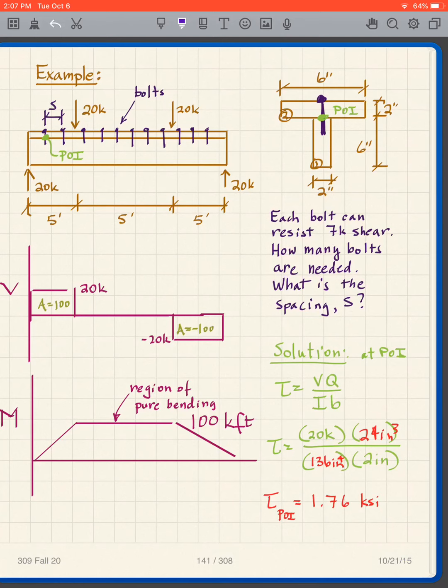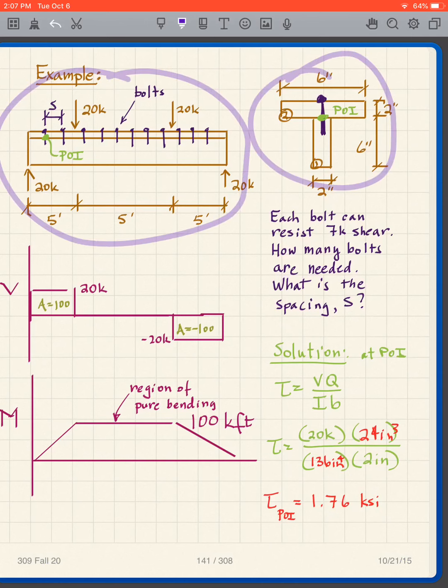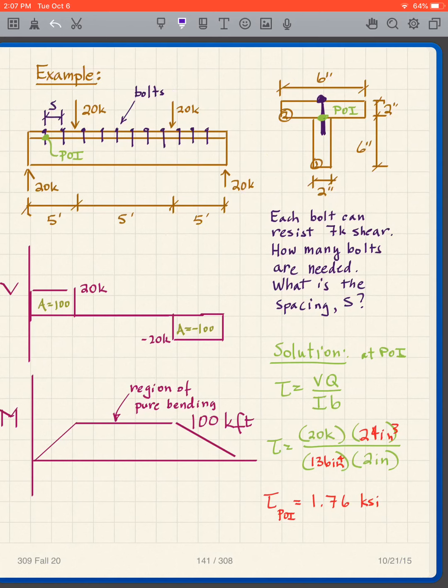Okay, so what we're looking at is, here's my beam, this is the cross section. I have 20 kip loads here, so everything's symmetric and the reactions are 20 kips each.